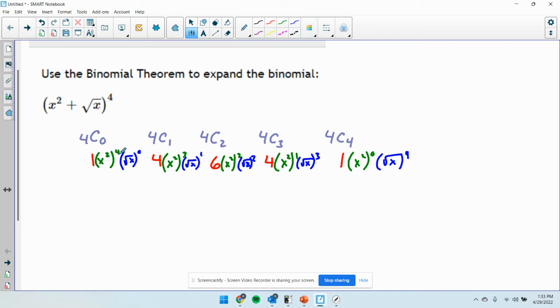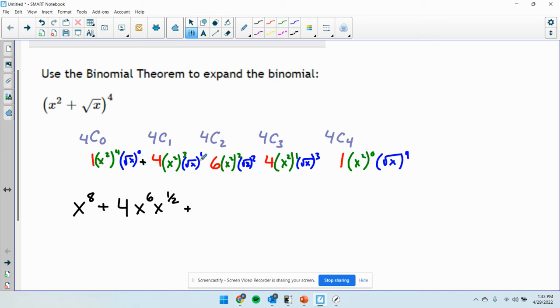I have x squared to the fourth. That's x to the eighth. Something to the 0 power is 1. So that's going to be my first term. Here I have 4. X squared to the third power. That's x to the sixth. Times x to the 1/2 to the 1 would be x to the 1/2.